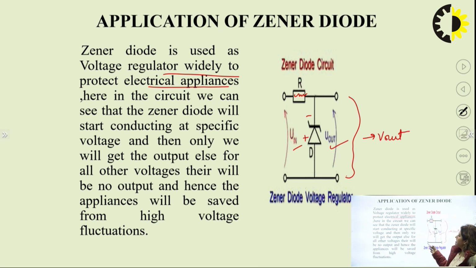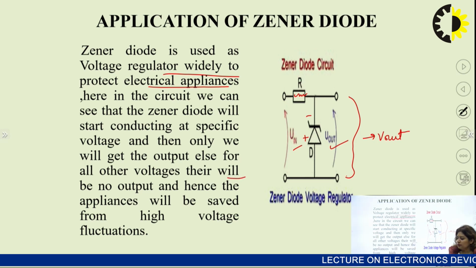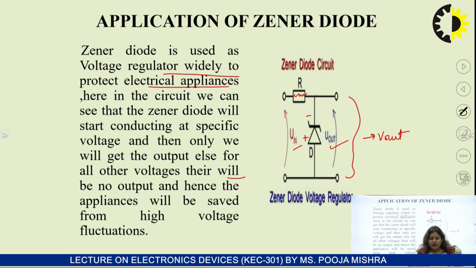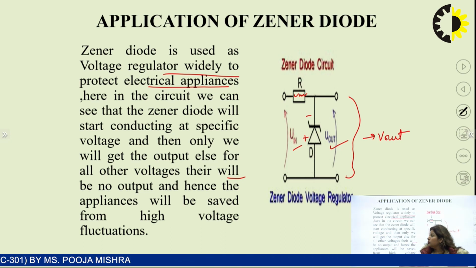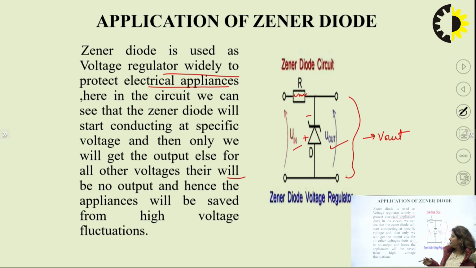Here in the circuit we can see that the Zener diode will start conducting at a specific voltage, and only then will we get the output. Else, for all other voltages there will be no output. For different appliances we have to see that the voltage level is not too much exceeded, so that it will not harm your appliances. So as a voltage regulator we can use the Zener diode, and hence the appliances will be safe from high voltage fluctuations.